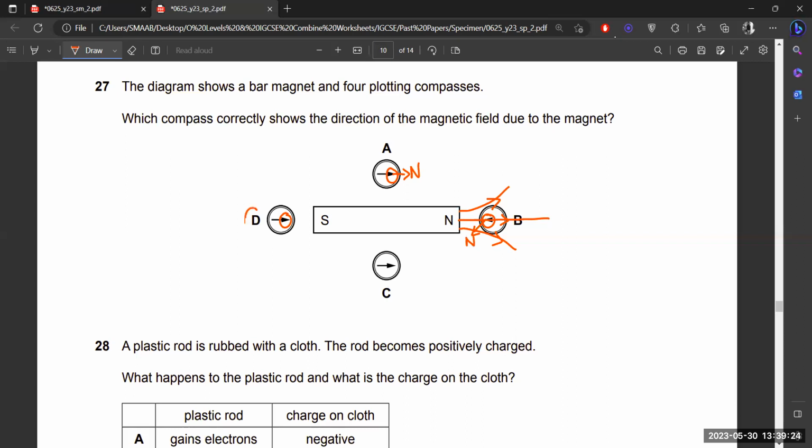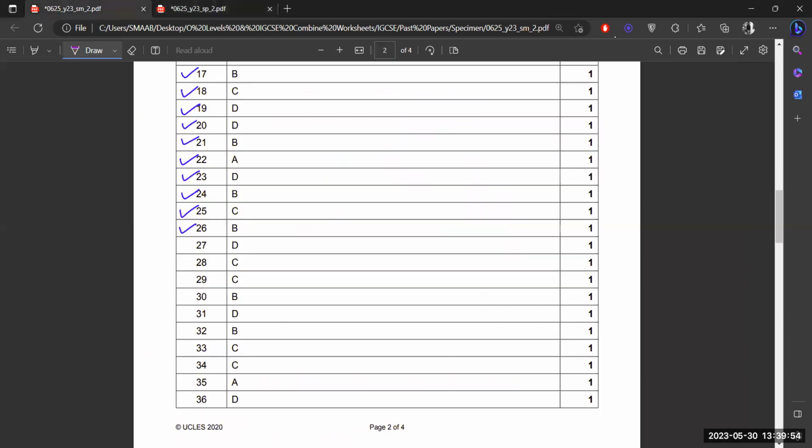D is the right choice because D is in the same line, in the center of the north. From the center of the North Pole the field moves radially outward, but at the edges the field bends towards the North Pole like this. So option D is the right choice because D is in front of the north and shows exactly the radially outward direction for the North Pole. It means this direction. So D is the right choice.